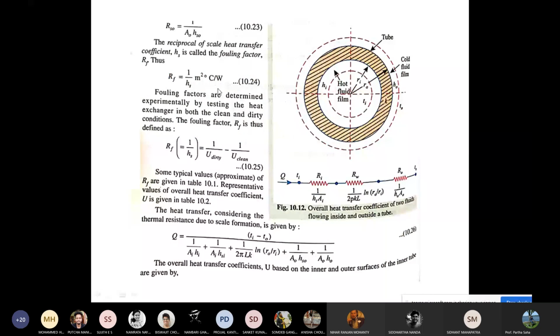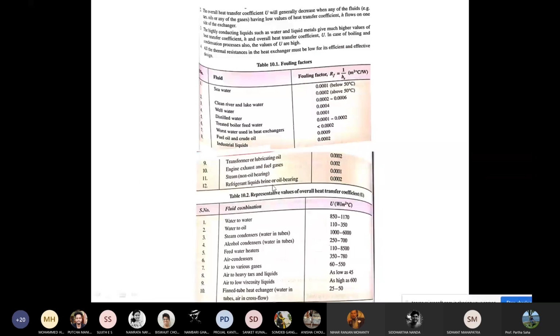The fouling factor is determined experimentally by testing an exchanger in both clean and dirty conditions, and it is given by the difference of the inverse of the overall heat transfer coefficient of dirty pipes and clean pipes. Some typical values of fouling factor are given in table 10.1, and representative values of overall heat transfer coefficient in table 10.2.